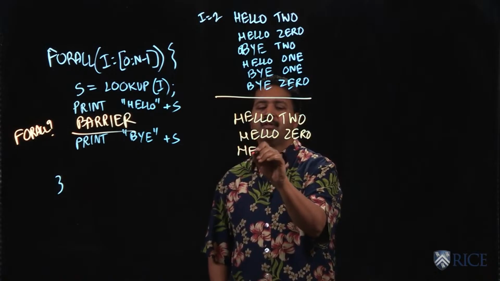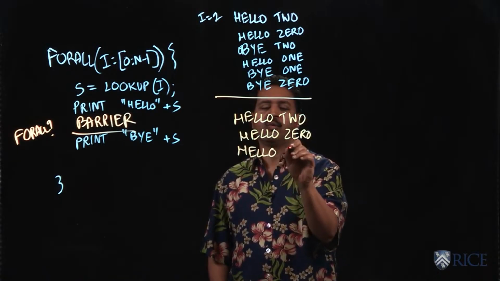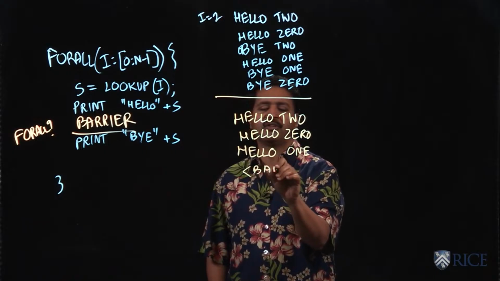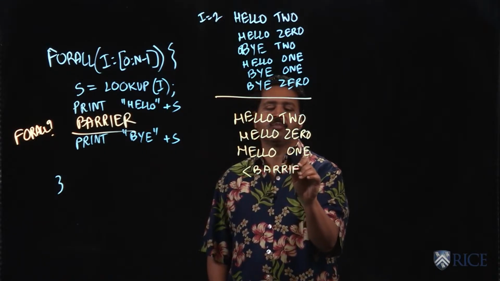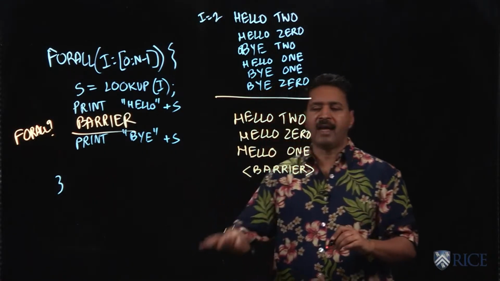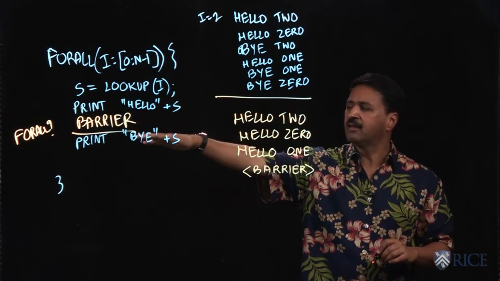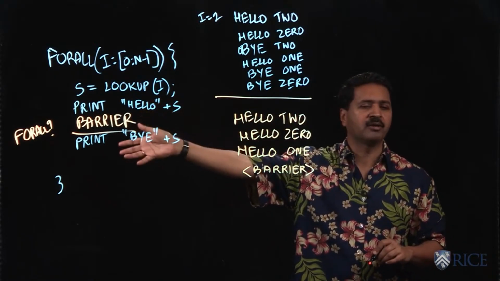Then we have hello 1, and then it's not a print statement, but this is the point at which you reach the barrier operation. And once all iterations have reached the barrier, then all of them can pass the barrier.